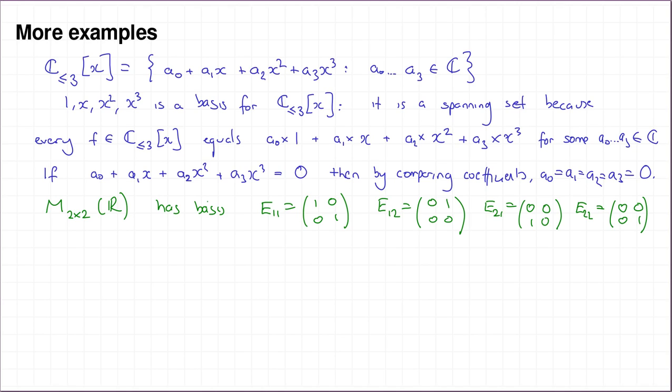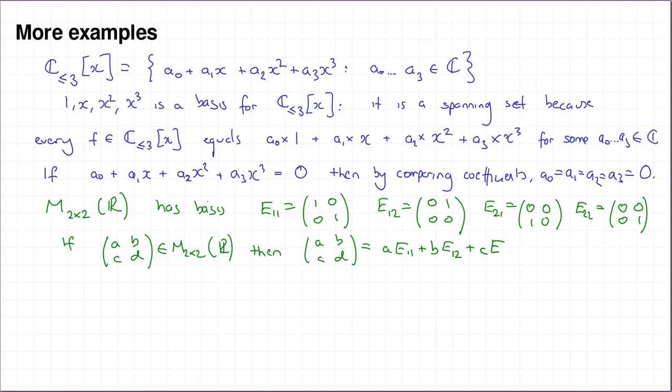Let's do spanning first. So it is a spanning set because if you have any 2 by 2 matrix with real entries, so if a, b, c, d is in our vector space, then we can write it as a linear combination of these eij's just by saying that it's equal to a times e11 plus b times e12 plus c times e21 plus d times e22.